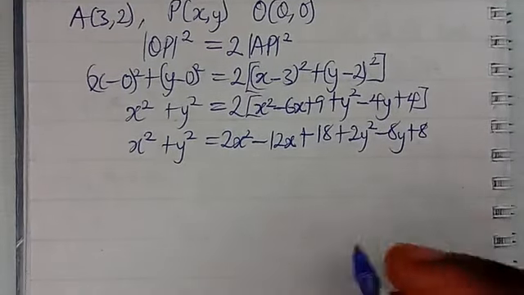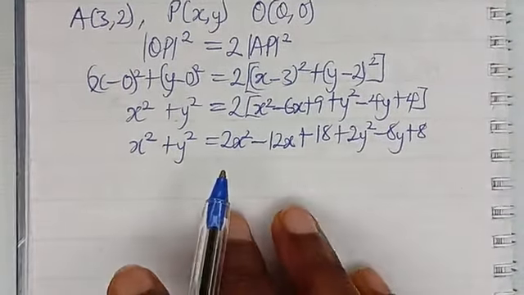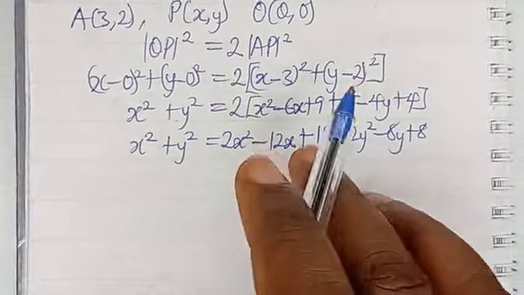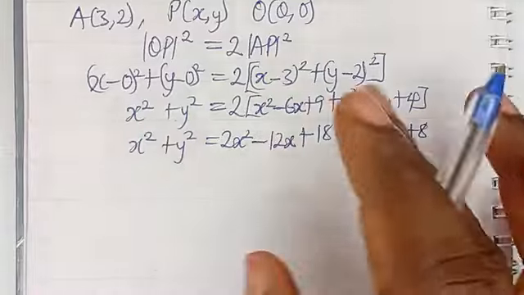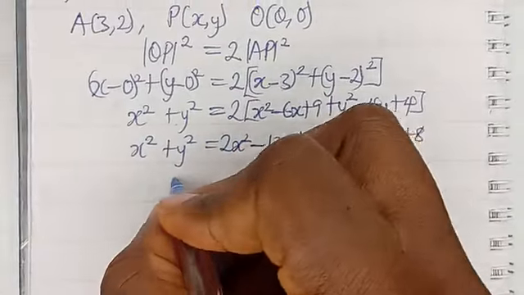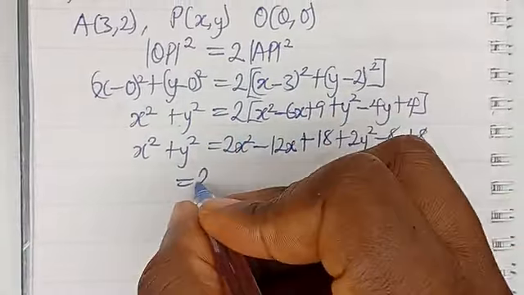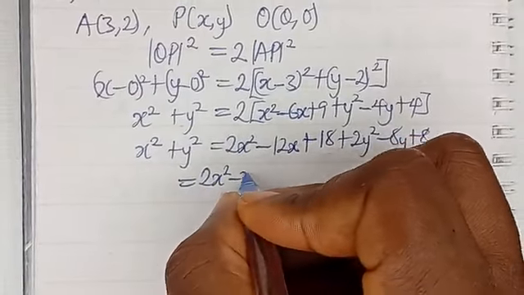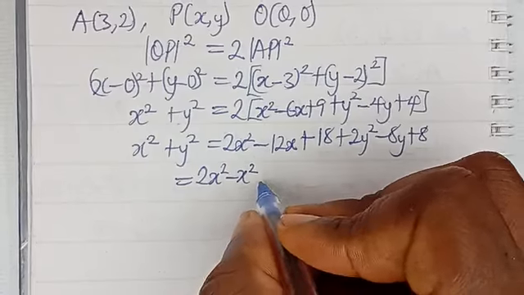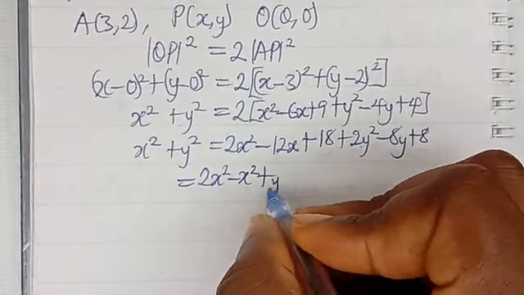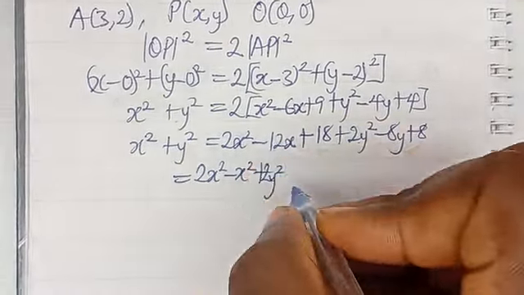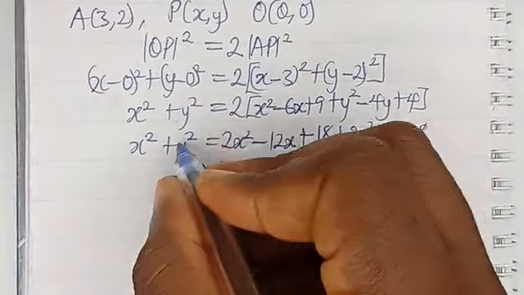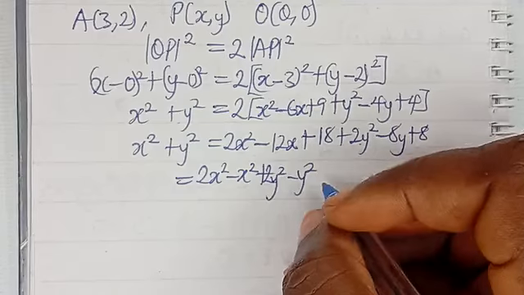Okay, so let us collect like terms. I'll prefer to collect all the terms here since we have the squares bigger on this side. We have 2x squared minus x squared, and then plus 2y squared, then minus y squared. The y squared comes over to be a negative.